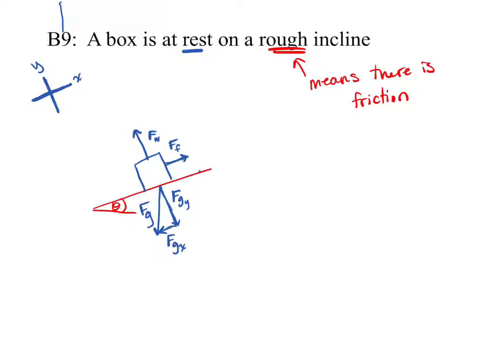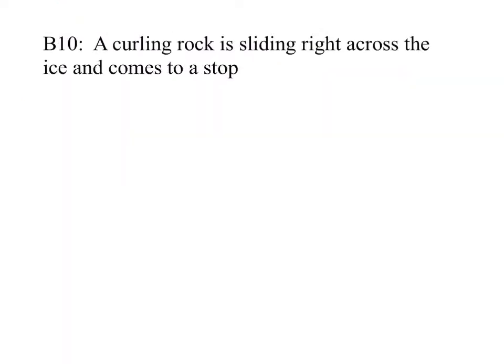So the FF here is pretty much equal and opposite to the FGX here, because they should be a net force of 0 since it's not moving. We see that Fn and Fgy are about equal and opposite, because it's not moving up or down, right? So when we have something not moving, my net force should be 0, so my arrows should be roughly the same size.